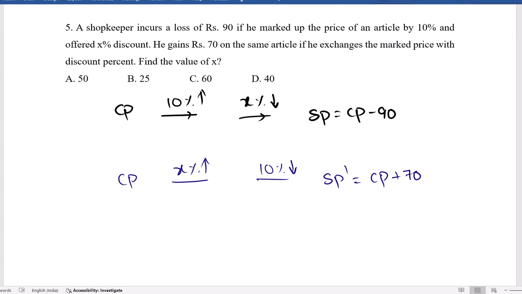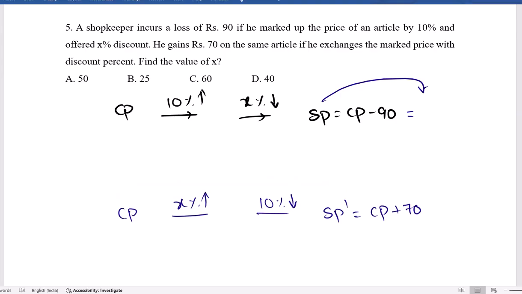I'll give some space here to note down the other equation as well. Now the selling price can be written in this situation as cost price into 110% into 1 minus x by 100. X% discount means 1 minus x by 100 we can write.